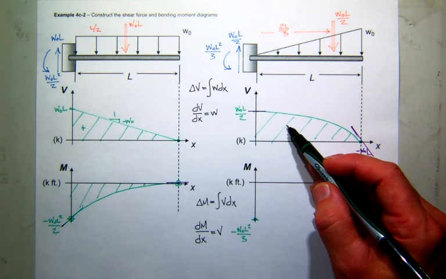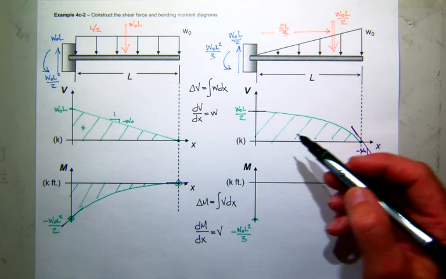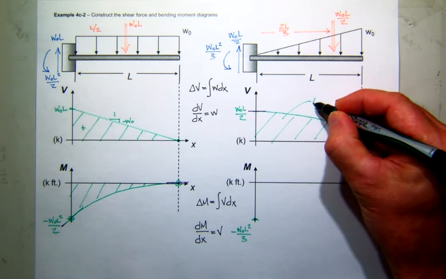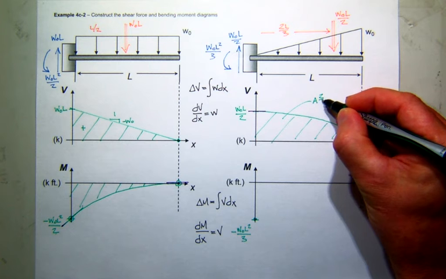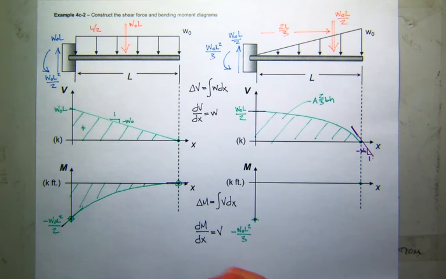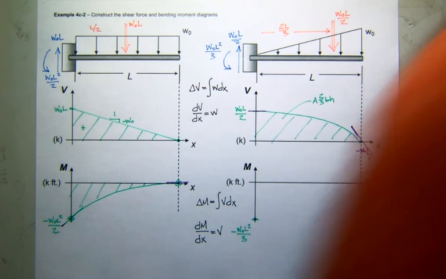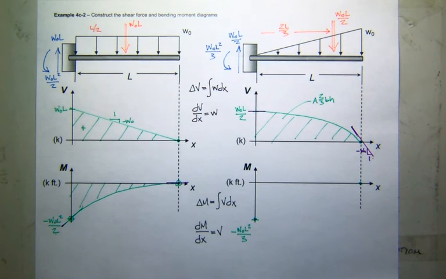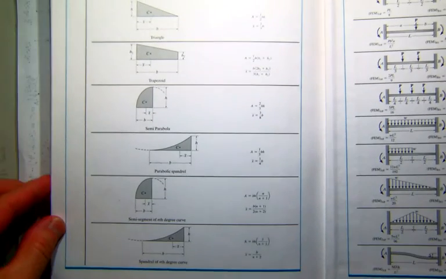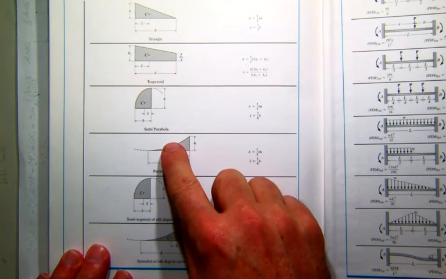What's the area of a parabolic section? Anybody know that off the top of your head? I happen to know. It's 2/3 base times height. In case you don't know that, if you look in the back of your book, they have areas and centroids of various shapes.